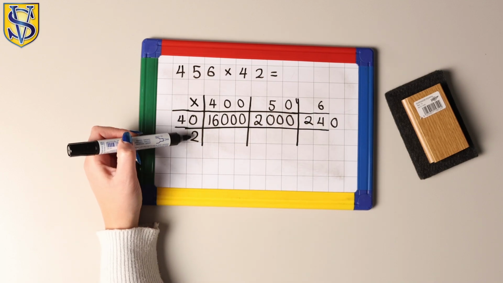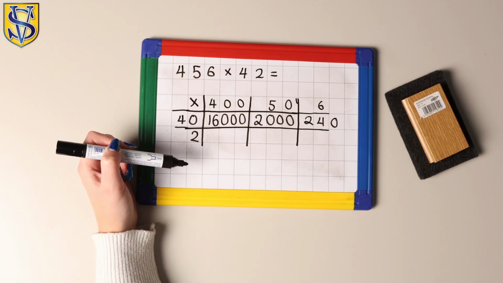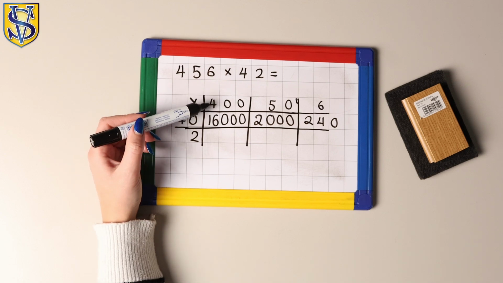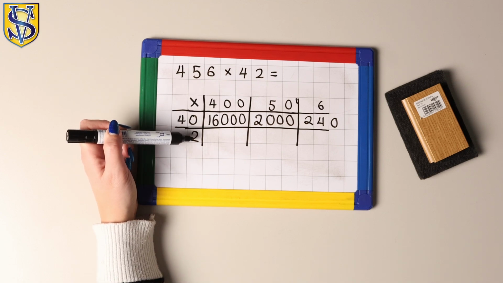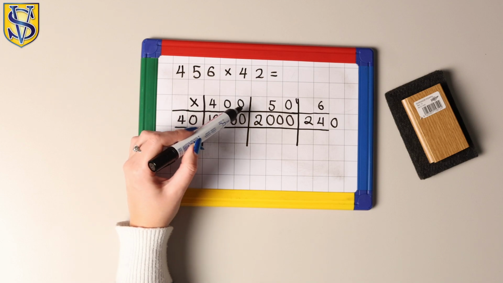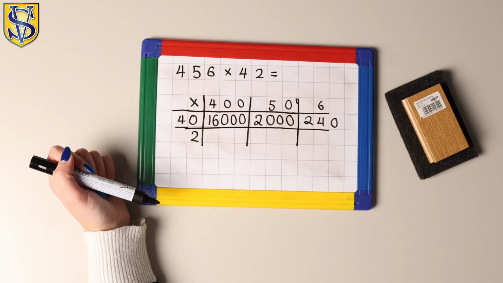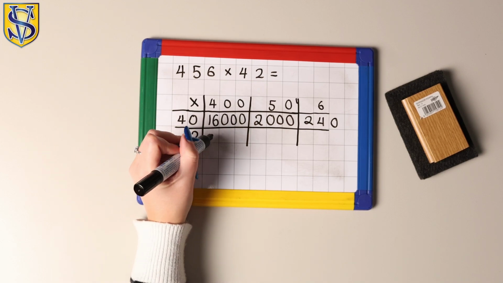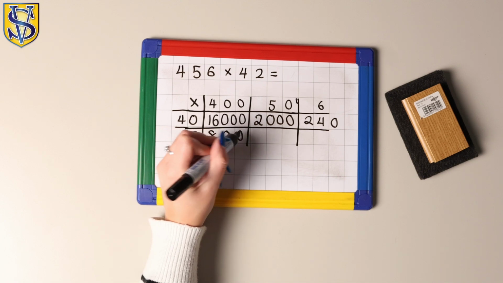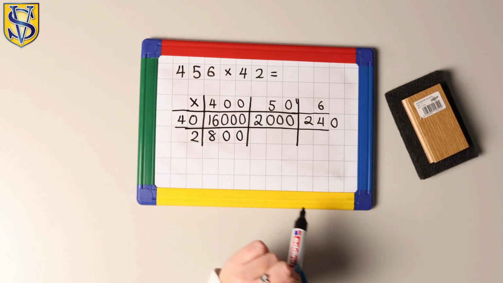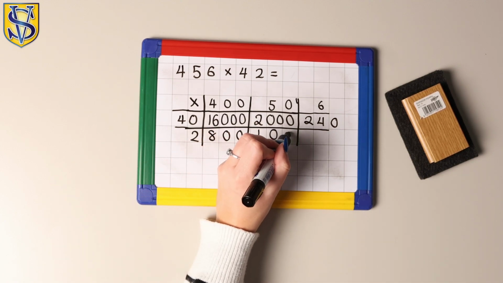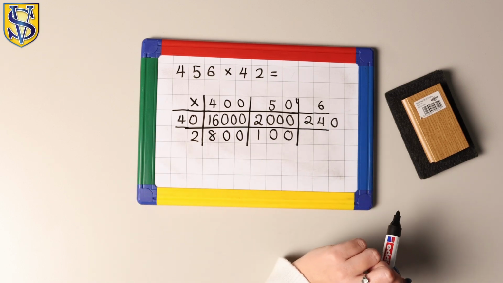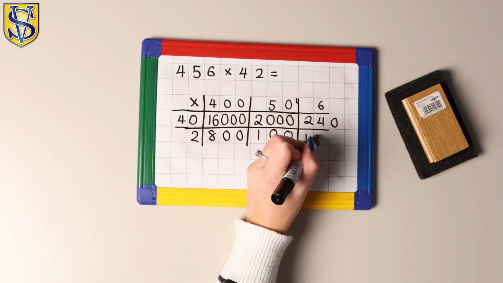And then 400 times 2, if needs be, you could do it as 4 times 2 is 8, and then there are 2 zeros, means you have to multiply it by 100, so it's going to become 800. And then 50 times 2 is 100, and 6 times 2 is 12.